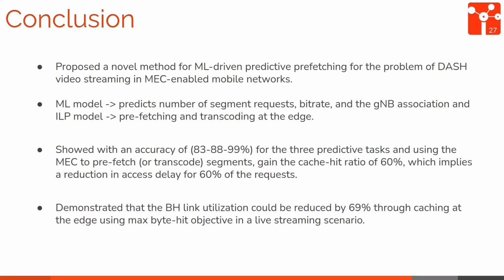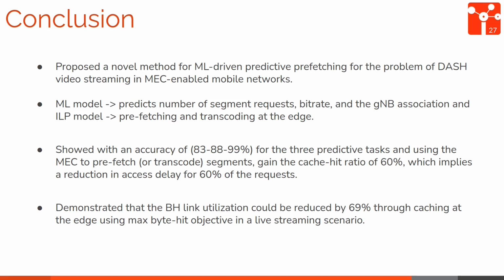machine learning driven predictive prefetching for the problem of DASH video streaming in MEC-enabled mobile networks, where a machine learning model is used to predict the number of segment requests, bitrate and gNB association, and the ILP, or integer linear programming, based model was used for content prefetching.